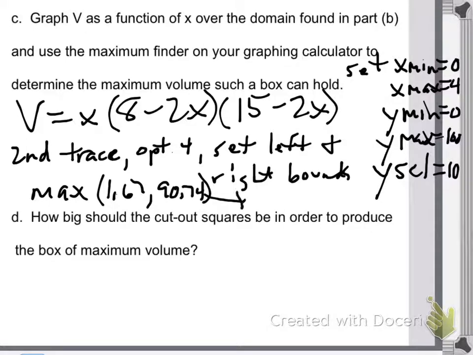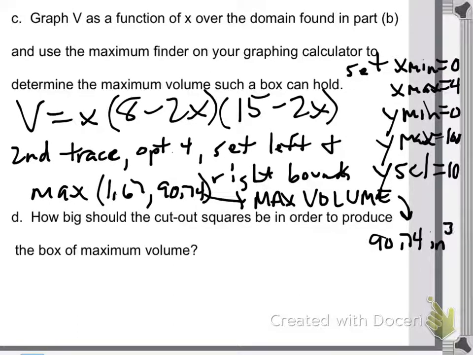That means that the max volume is 90.74 inches cubed. So in other words, the max volume is whatever the y coordinate of the maximum point is.